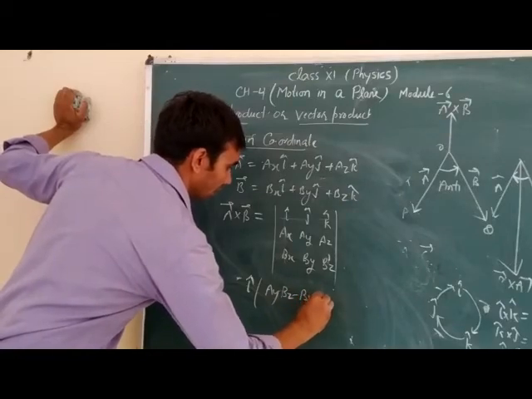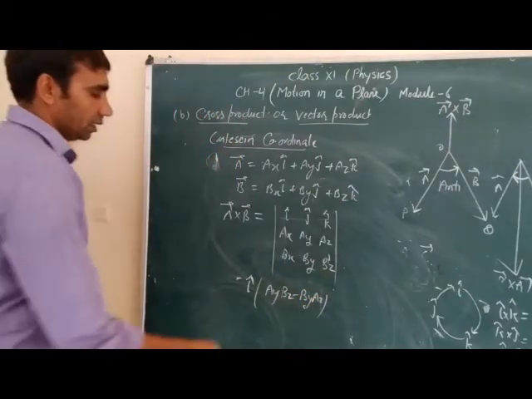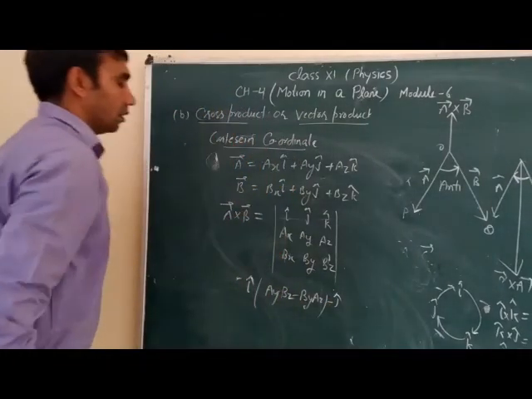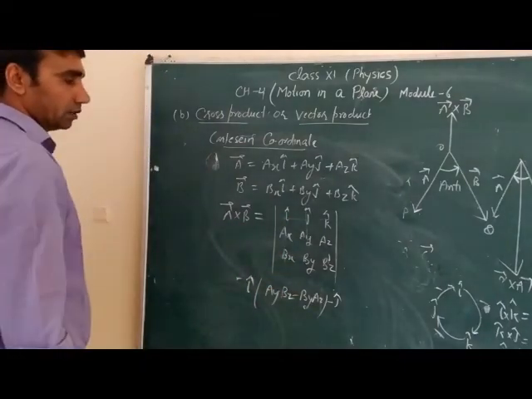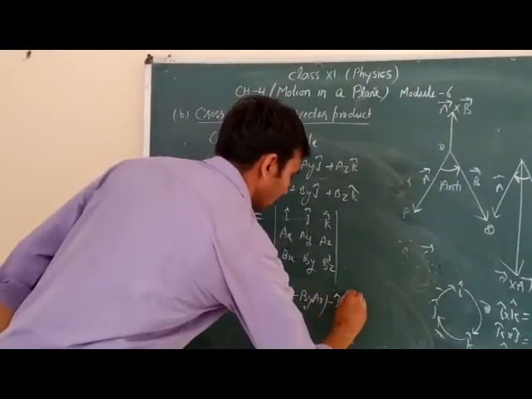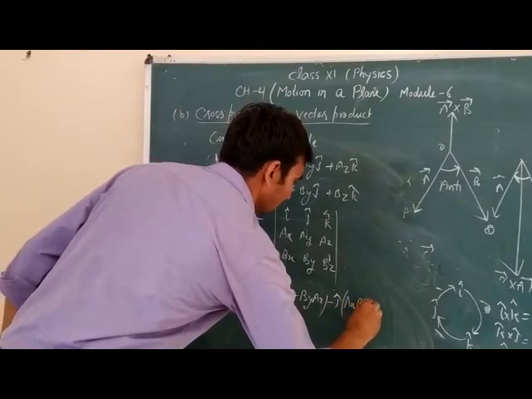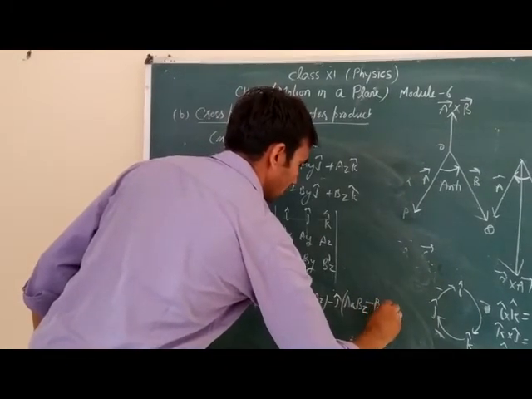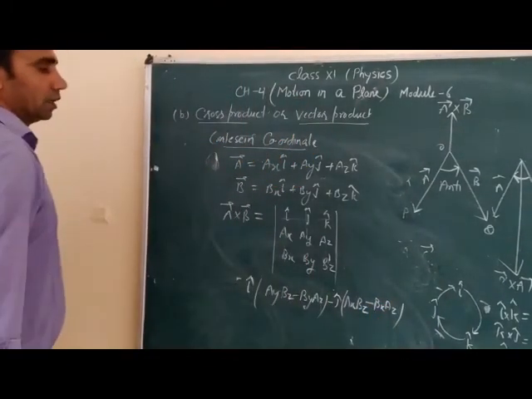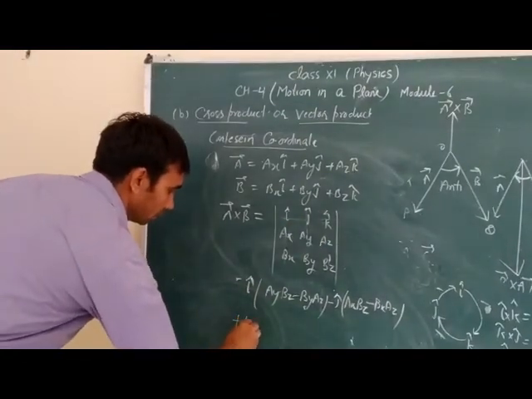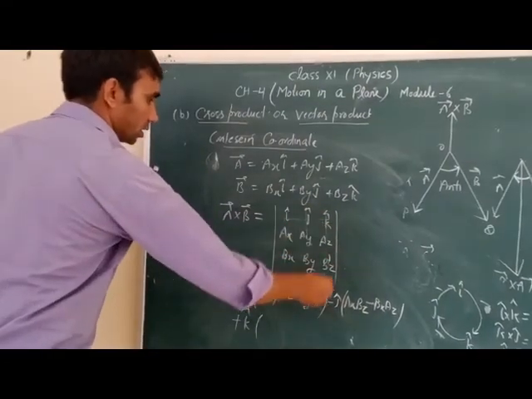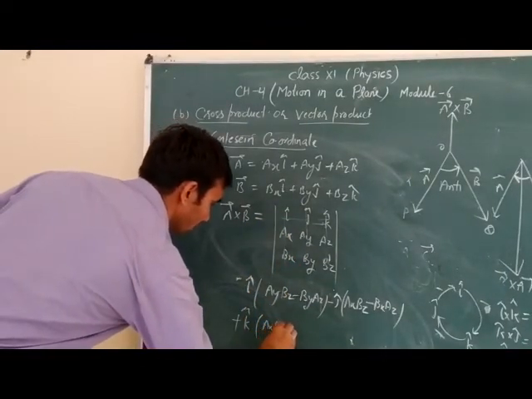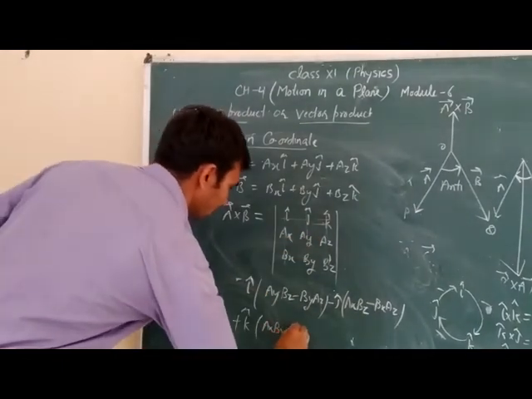Minus j: ax bz minus bx az. Plus k unit vector: this column and row are cancelled: ax by minus bx ay.